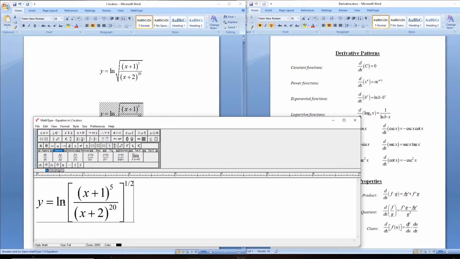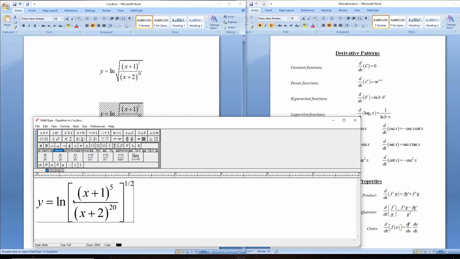And with log properties, if we have something that is log x squared, let's say, recall that log properties allow us to take that power and put it in front of the log. And that's extremely useful here, because power of a half means we have a power function here.